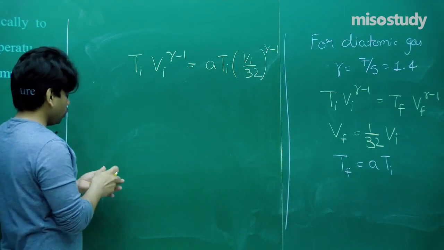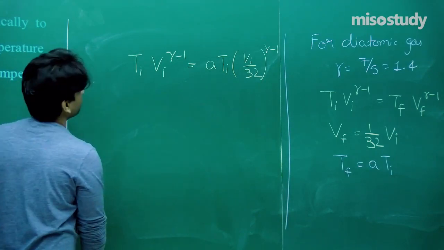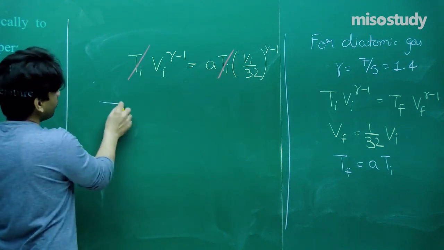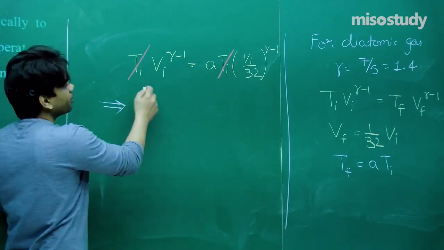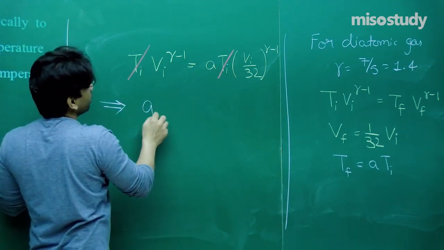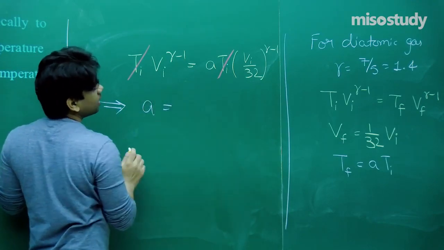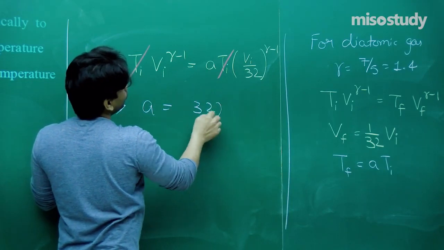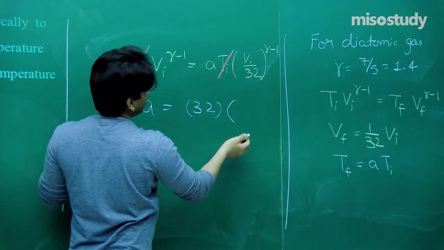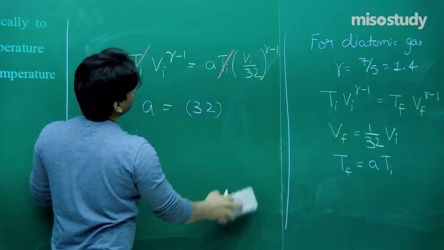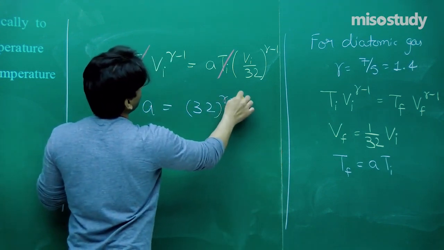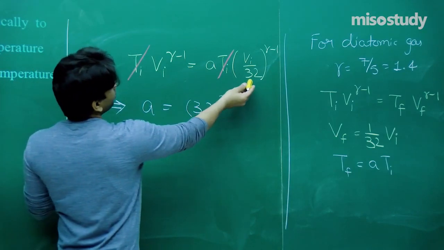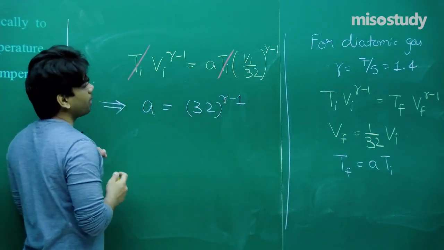Now you can cancel out some of the variables, Ti you can cancel out. For the value of A, Vi will also be cancelled out. Because 32 is in the denominator, it will go to the other side, and you get 32 to the power gamma minus 1.